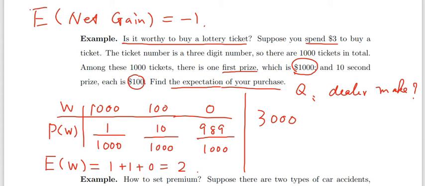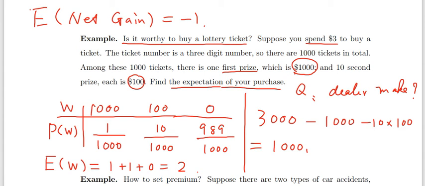Then they need to pay out for the prizes. They pay out for the first prize, which is $1,000. They also pay out for the second prizes: they have 10 second prizes, and each one is $100, so this is another $1,000. So the dealer makes $1,000 from this lottery.